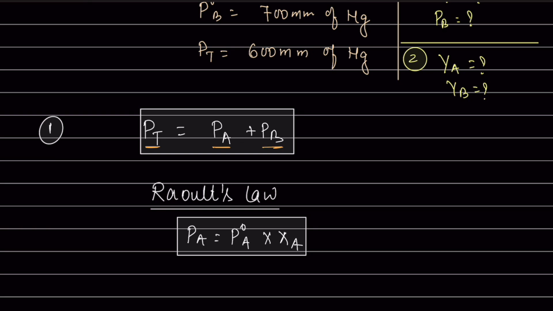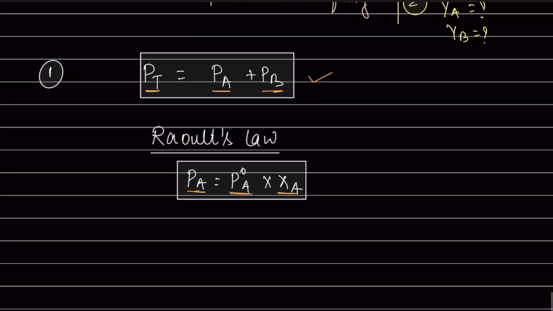To find Pa, P naught A is already given, but Xa is not given. So what we can do is substitute Raoult's law in the given formula. So we can say that Pt is equal to P naught A Xa plus P naught B into Xb.